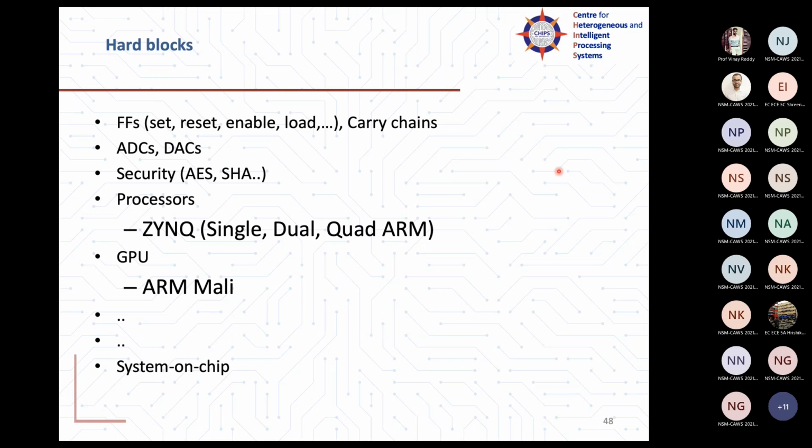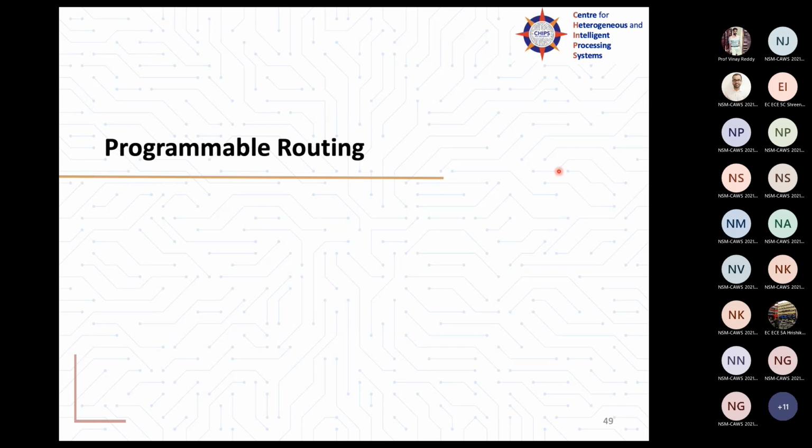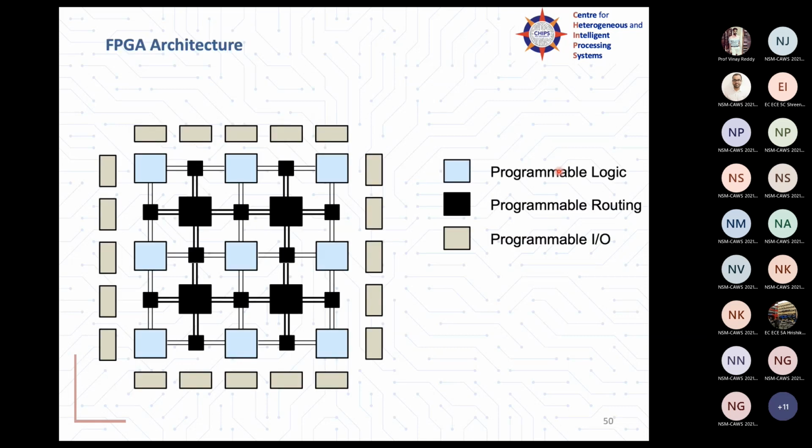What is a DSP slice? Yes, ma'am. Okay. So this is all about logic, right? We have all kinds of hard blocks which have fixed functionality, and a whole bunch of configurable logic blocks which are lookup table kind of functional units that can be configured according to your application. In addition, we also have programmable routing, which facilitates connectivity between these logic blocks, right?